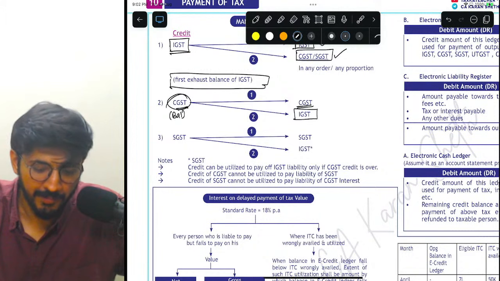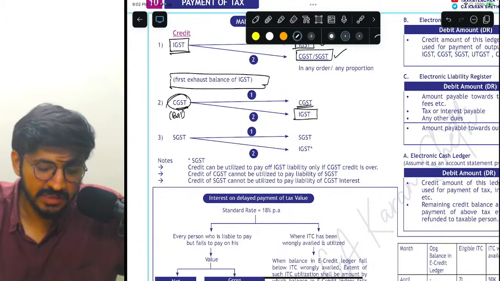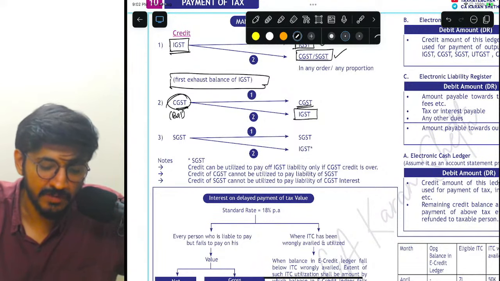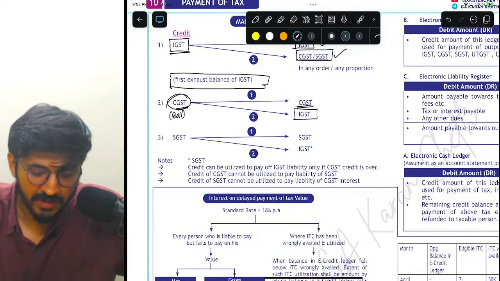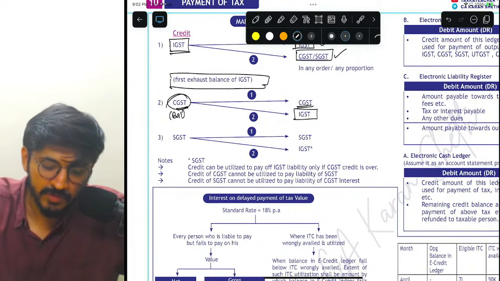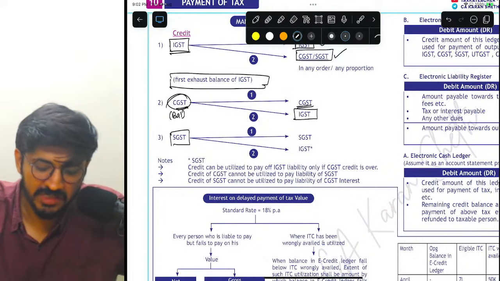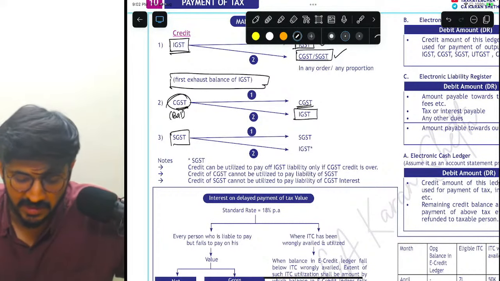Perfect. And same goes with CGST. The credit of CGST will be used to pay off CGST liability, and then it will be used to pay off IGST. And same goes with SGST. First, you use it to pay off SGST, and then you use it to pay off IGST.